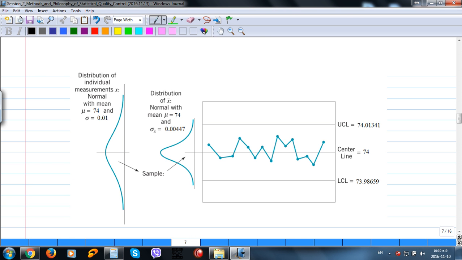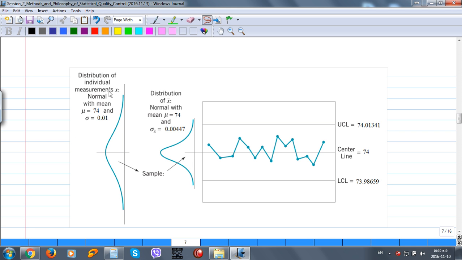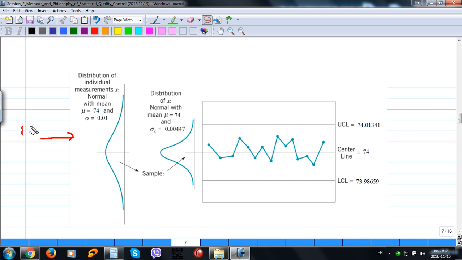And here you can see the graph. For this one, mu equals 74. This is about the population, where mu is 74 and the standard deviation is 0.01. Then we draw out the sample here.